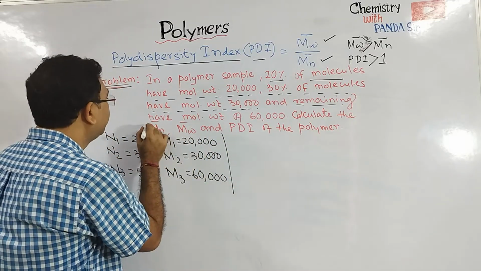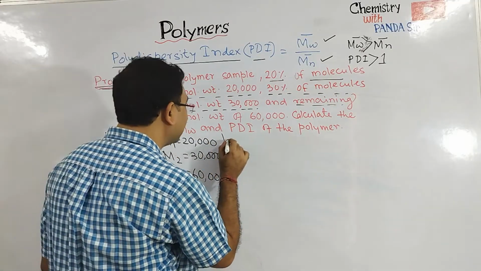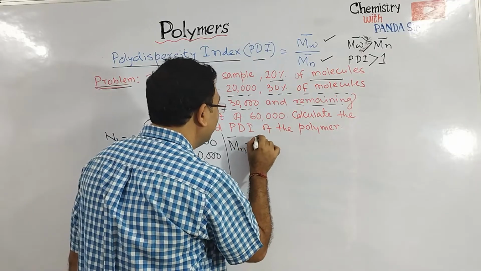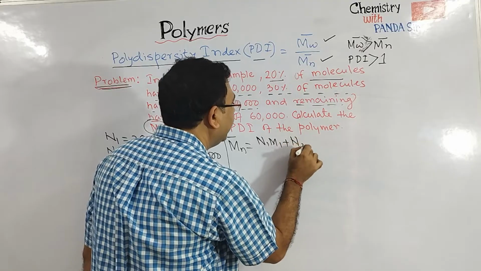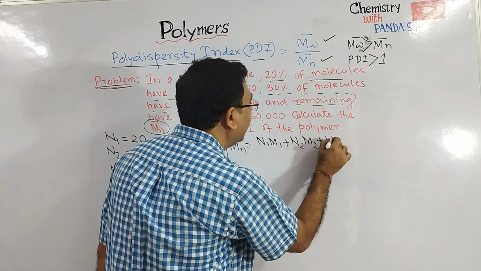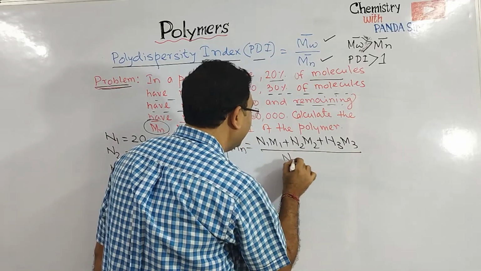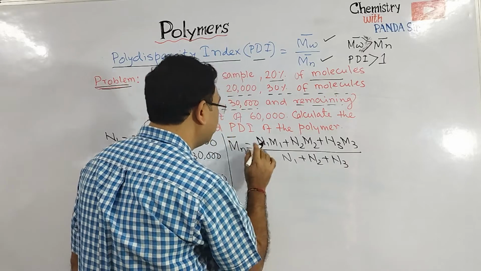Now what do they ask for? They ask for the number average molecular mass. So let's calculate. Mn bar is equal to N1 M1 plus N2 M2 plus N3 M3 divided by N1 plus N2 plus N3. Now let us put the value.